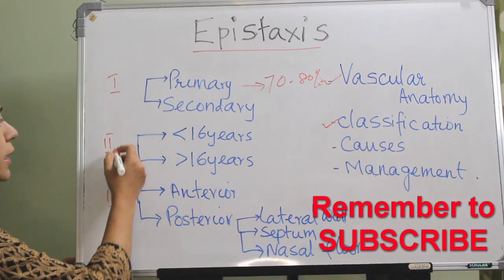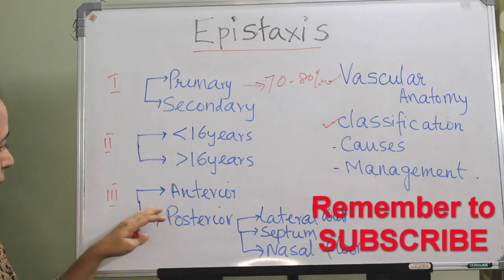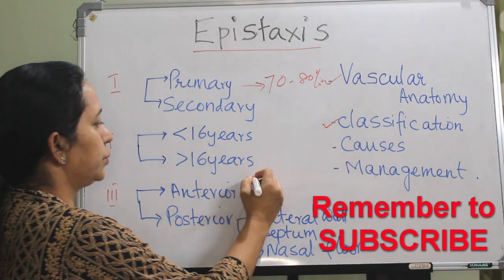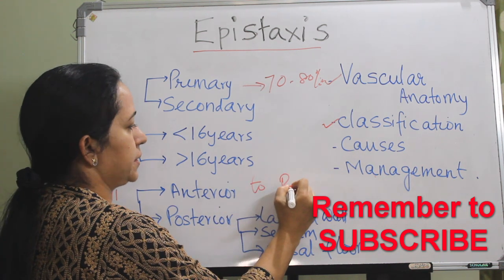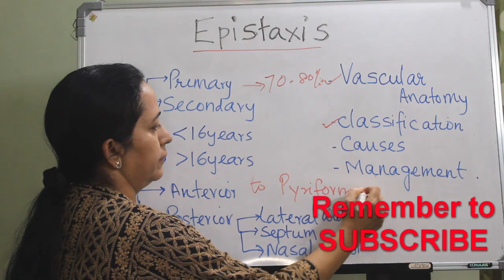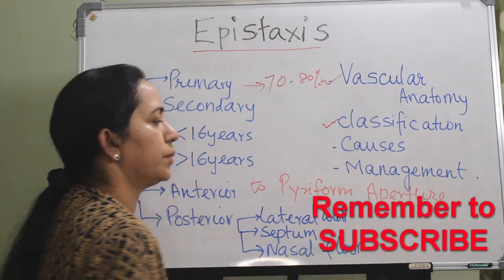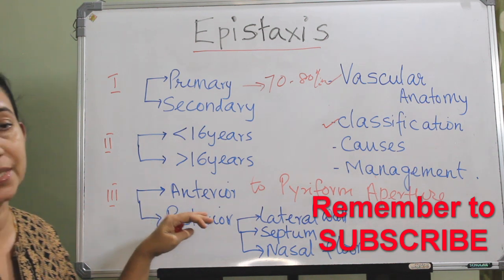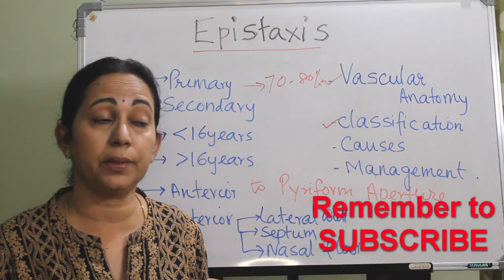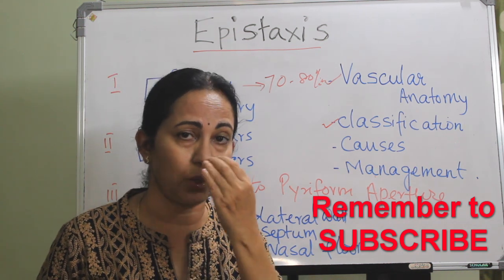Depending upon the age, it can be divided into less than 16 years and more than 16 years. And depending upon the site, if it is anterior to the pyriform aperture, it is called anterior epistaxis. That mainly constitutes the columellar part of the septum, the mucocutaneous junction and also the nares.